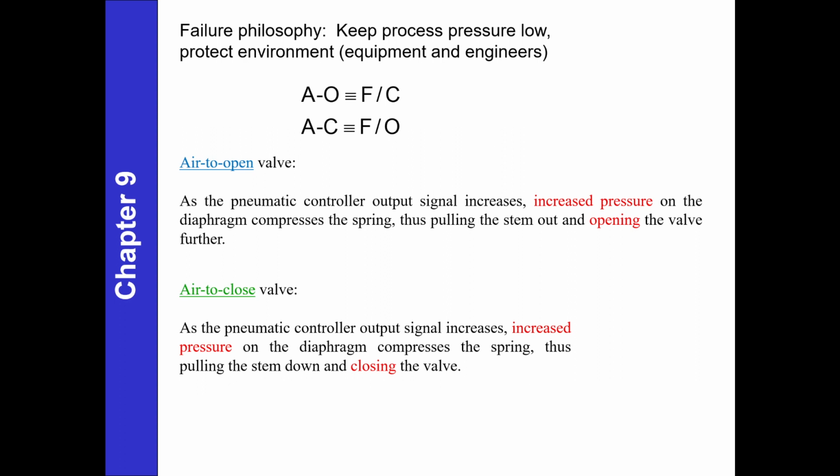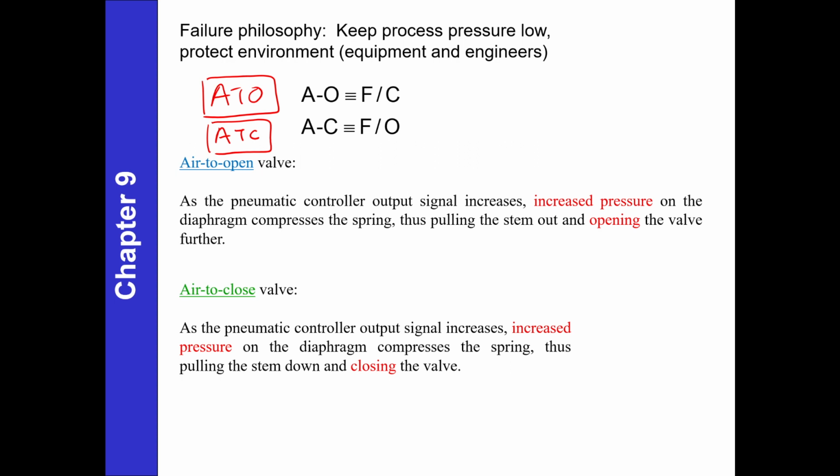So there are two types of control valve, which are AO or AC. AO is air to open, AC is air to close. Sometimes people read it as ATO or ATC. These two types of control valve have their own applications due to safety.